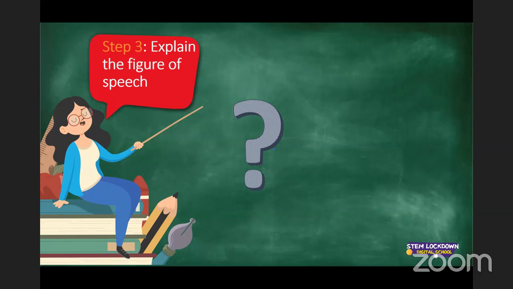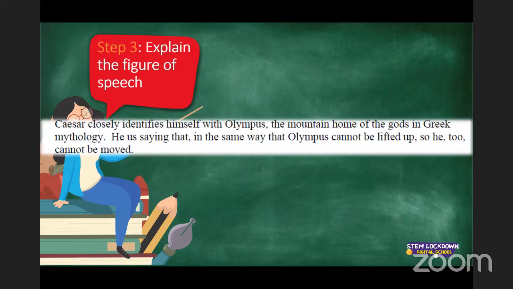What arrogance! So there we are explaining it. Caesar identifies himself with Olympus, so just as that mountain cannot be lifted, he feels he cannot be moved either.